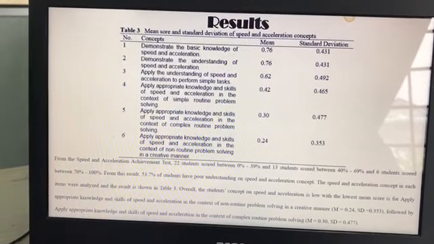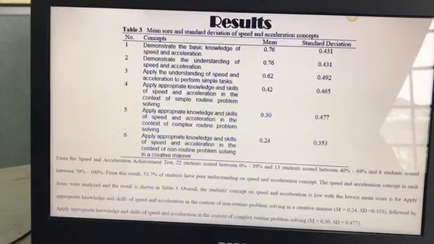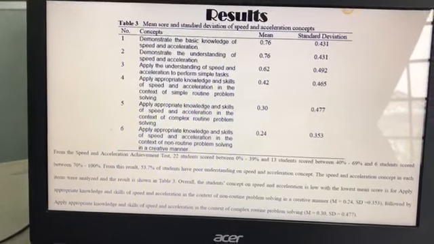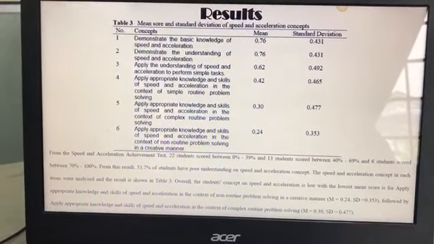The speed and acceleration concept in each item was analyzed and the result is shown in table 3, like what I said before.